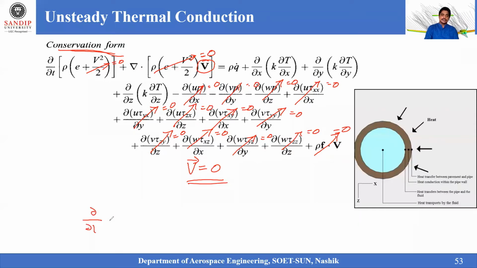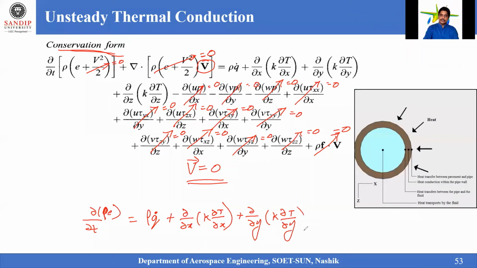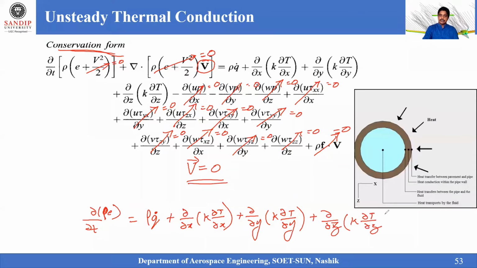My conservative form of the equation has been simplified to dou by dt of rho E equal to rho q dot plus dou by dou x of k into dou T by dou x, plus dou by dou y of k into dou T by dou y, plus dou by dou z of k into dou T by dou z.